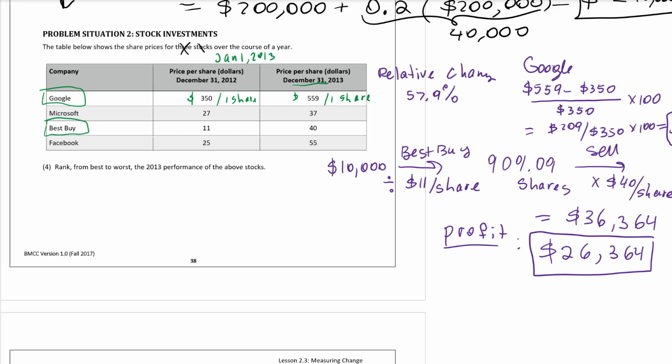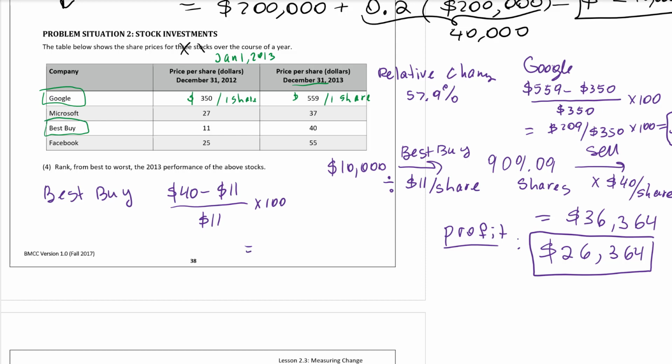While for Best Buy, check out the relative change. I'm going to give you a moment to calculate it first. And now let's review. It's going to be 40, take away 11, divided by 11, and then you multiply by 100%.